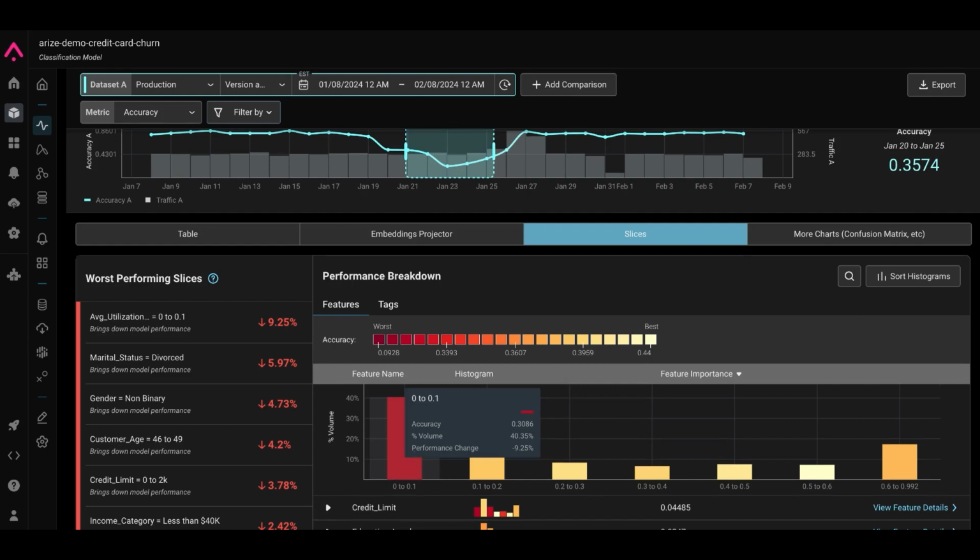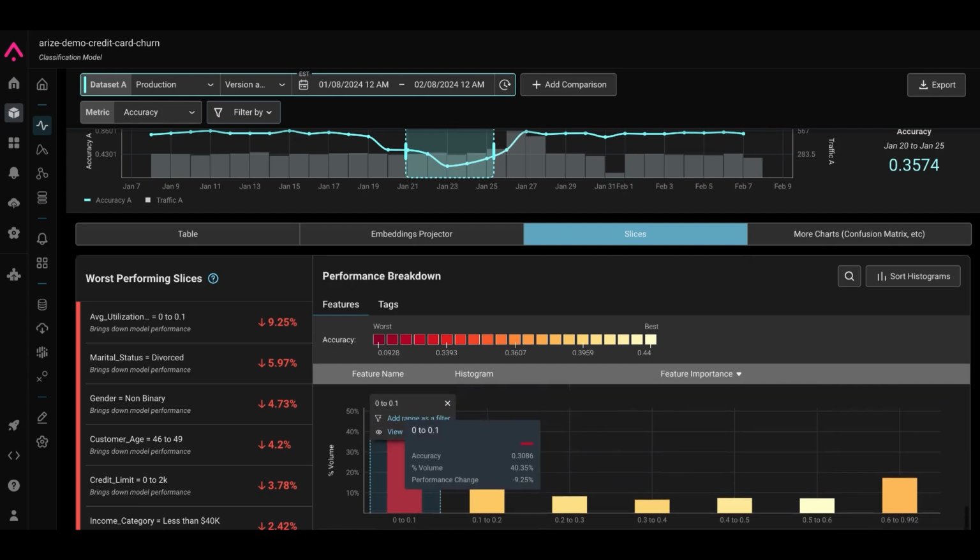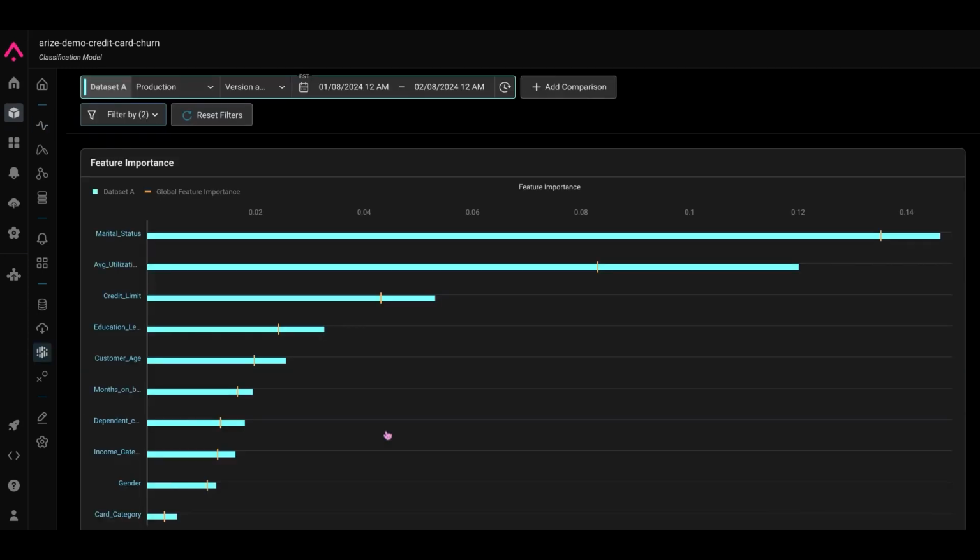So if you're not using your credit card very much, you're thinking, why do I even need this? There is a lot of churn involved in that 0 to 0.1 utilization. I can do the same thing and I can add this range as a filter, or I can even view the explainability. If we go to the explainability, we are seeing how utilization factors in terms of feature importance.